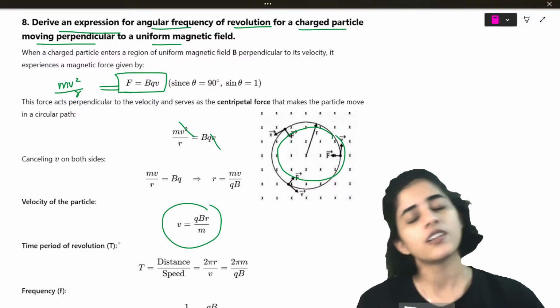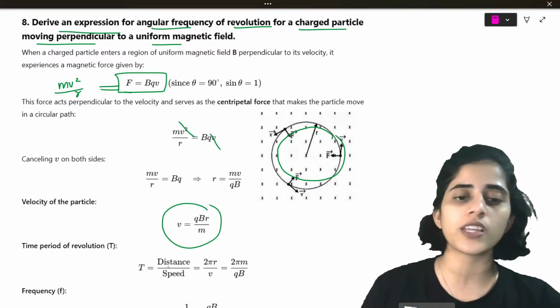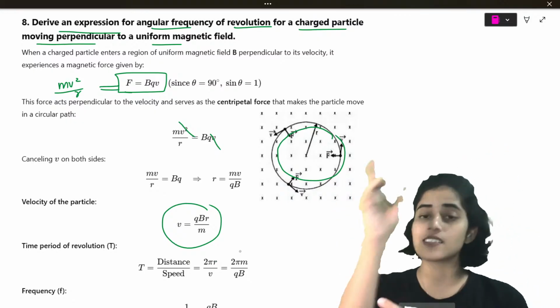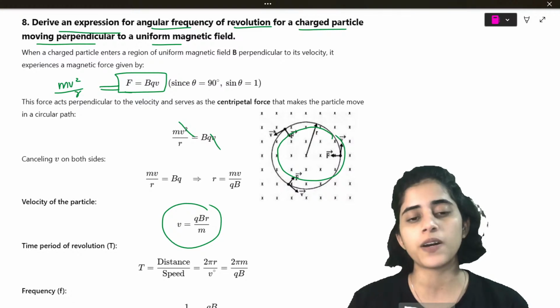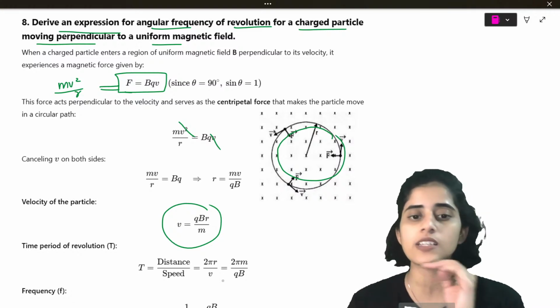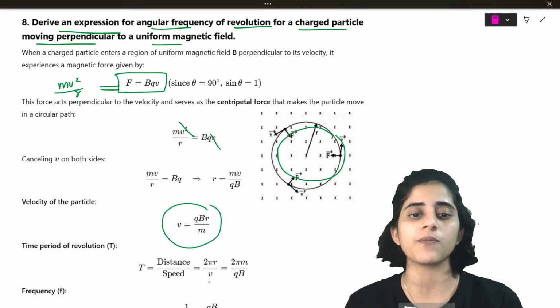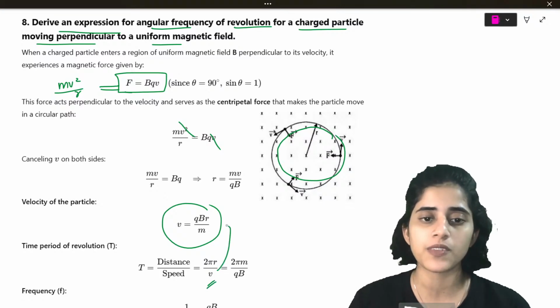Now imagine the question is for you to find the time period. What will you do? Time is distance by speed, all of us know that. What is the distance? This is a circle, so the distance will be the circumference, 2 pi r, divided by the speed v. You substitute v from here.